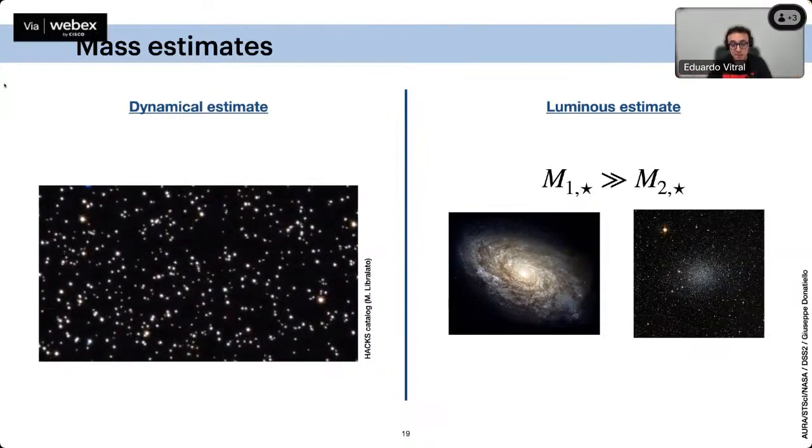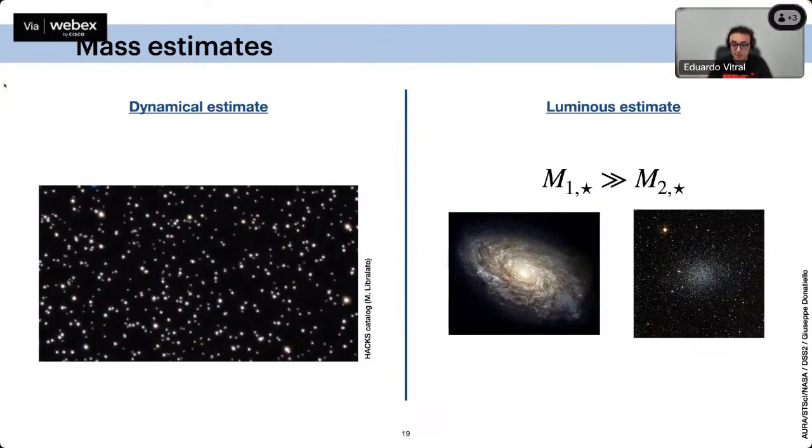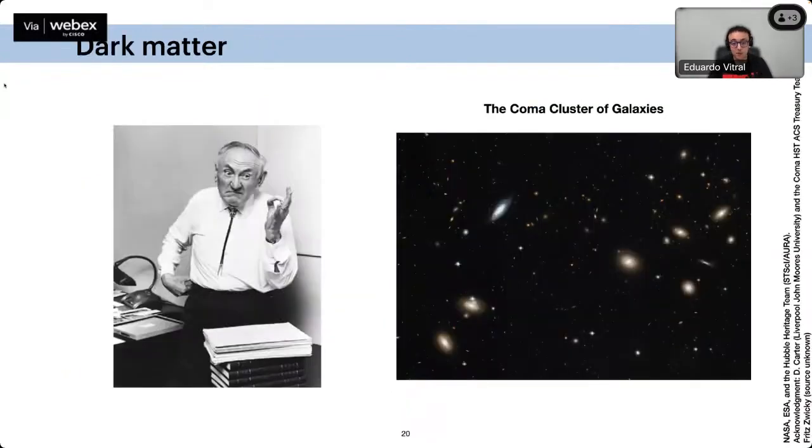So, with that in mind, with these two possible types of mass measurement, astronomers like Fritz Zwicky in the early 30s asked themselves, well, what about if I compare these two kinds of measurements? So he looked into a cluster of galaxies called the Coma cluster, and he measured the motions of the stars, of those galaxies, and tried to infer from it a dynamical mass estimate, the mass that you can trace down from the law of gravity.